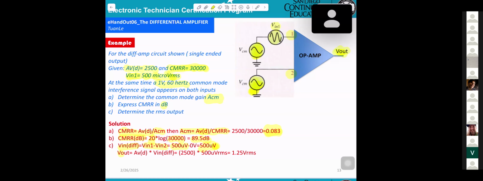And V out equals AVD times V in differential. The answer will be 1.25 volt RMS. So when you get the time, you can go over.